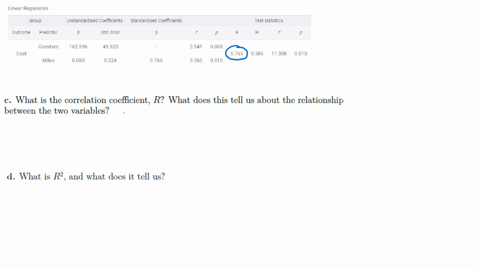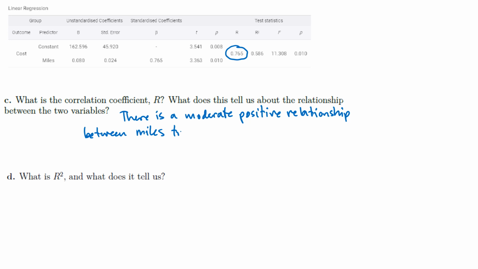So I would say there is a moderate positive relationship between the miles traveled and the cost of a ticket.